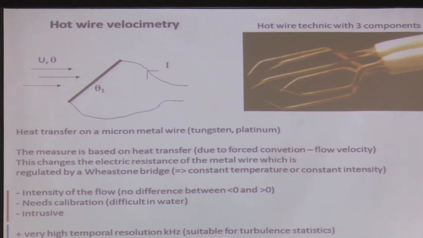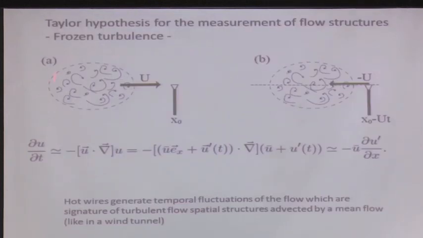So if you place the probe in a flow which is oscillating like this, you are not able to know if it's positive or negative. So you use this method when the flow has a velocity which is always in the same direction. The mean is in the same direction, and then you may have fluctuations around the mean. This is what this plot is telling you. You have turbulence, and this turbulence is transported by a mean stream, by a mean velocity flow.